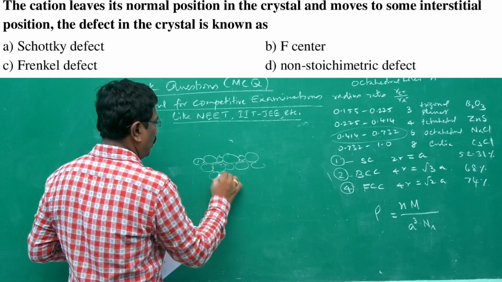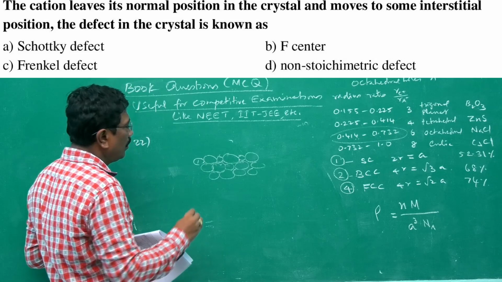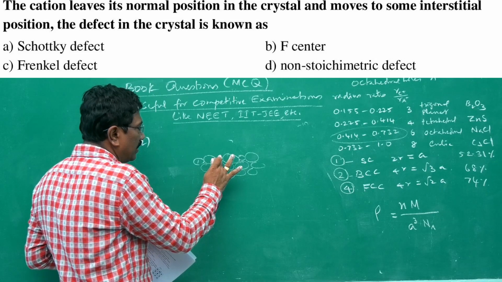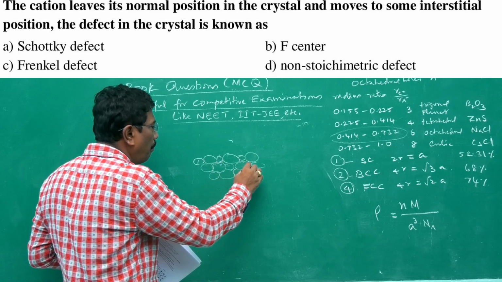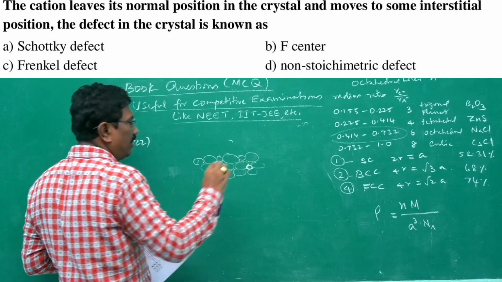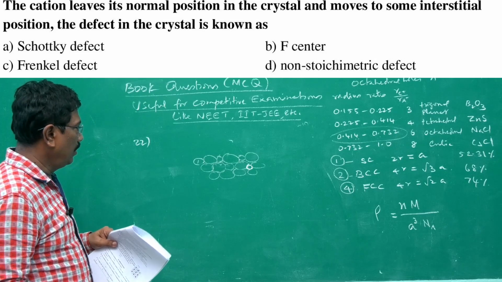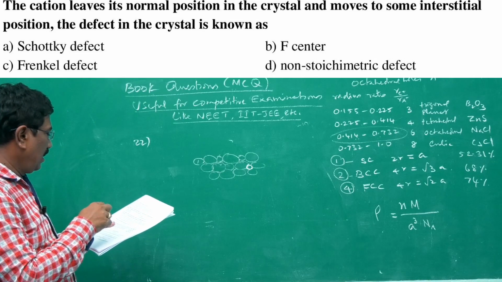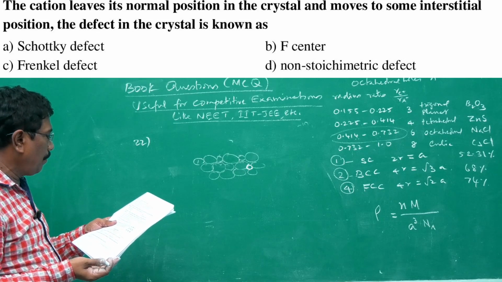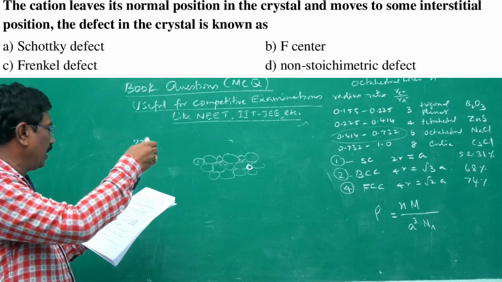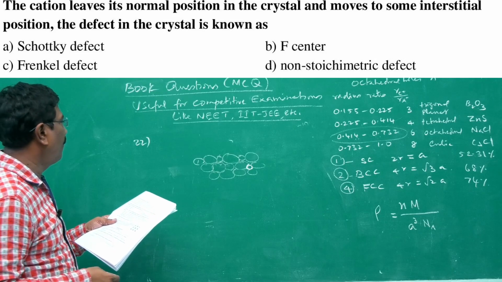I need not draw very neatly. So, if a silver ion leaves from this position and occupies some intermediate place, not its regular site, then it is known as Frenkel defect. So, the cation leaves from its normal position and occupies an interstitial position. It is known as Frenkel defect.